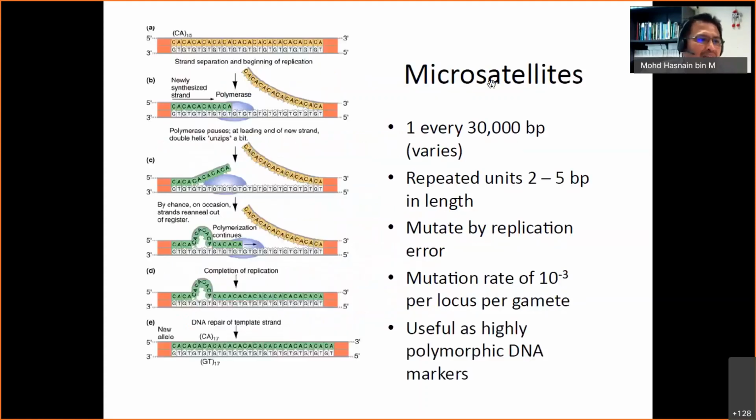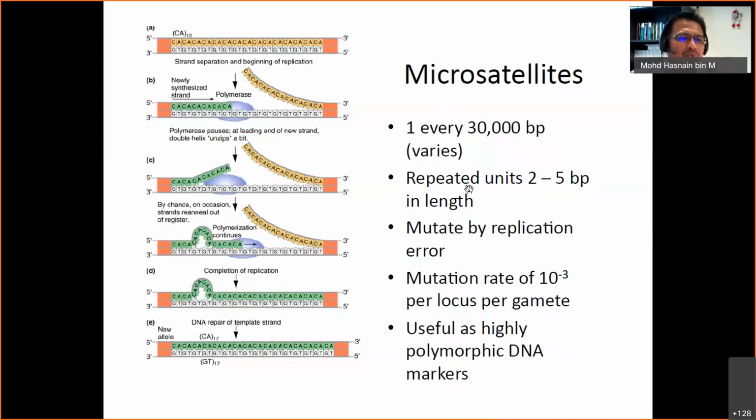It can be used for fungal study as well and so on. Okay, microsatellite is slightly bigger as mentioned before. One every 30,000 base pairs, not necessarily exactly one every 30,000. Repeated units can be 2 to 5 base pairs in length. What does this mean?